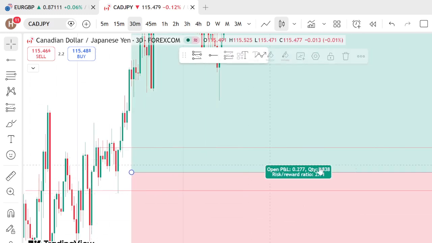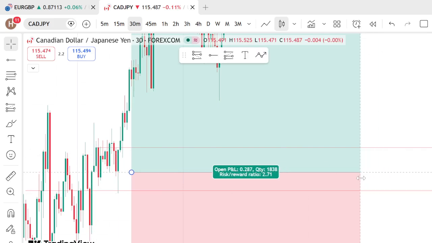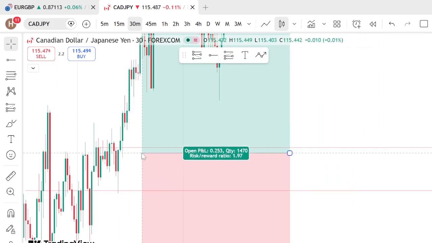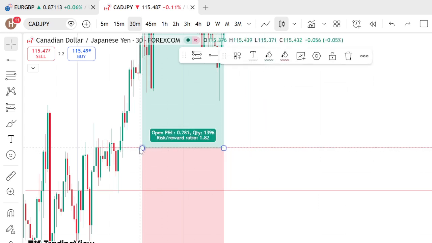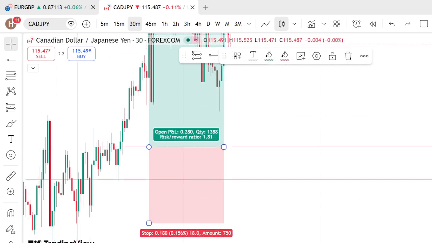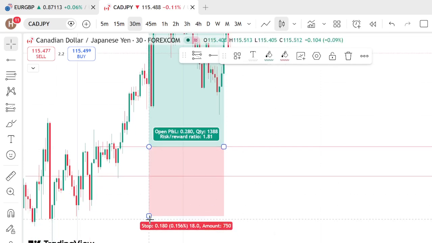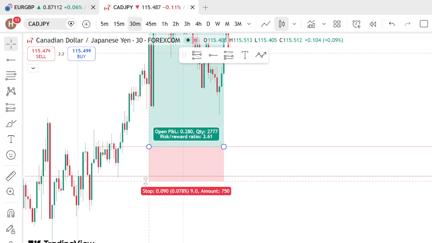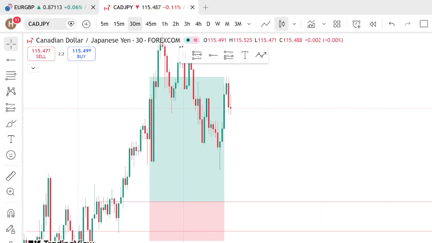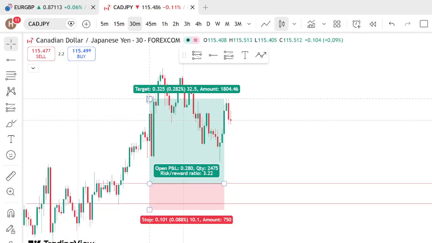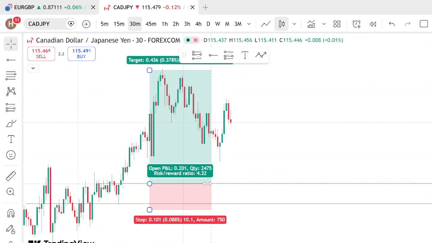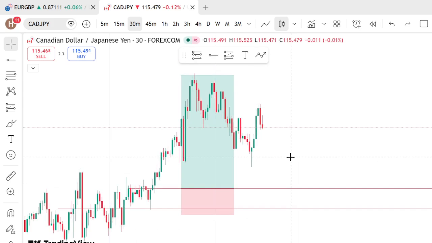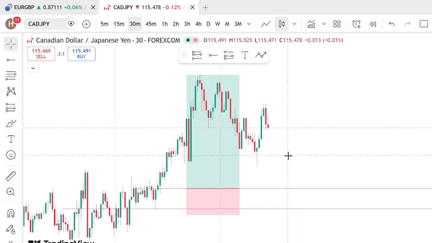But how I got that entry, there is an entry pattern I use, so it's not something to be disclosed here. Then I set my stop loss here, and I used 10 pips. You can see this is around 1:4.2, so it was a 1:4.2 trade, and that was how I closed the trade.